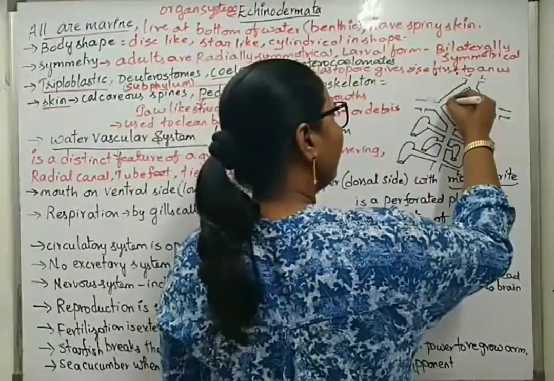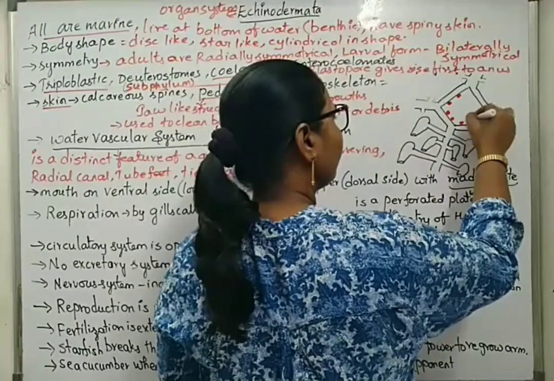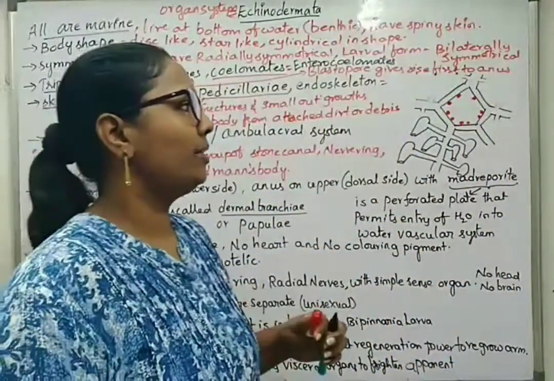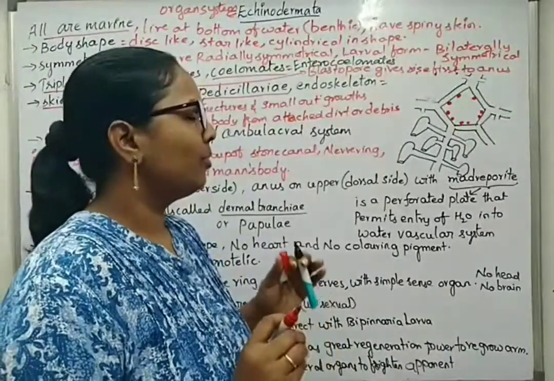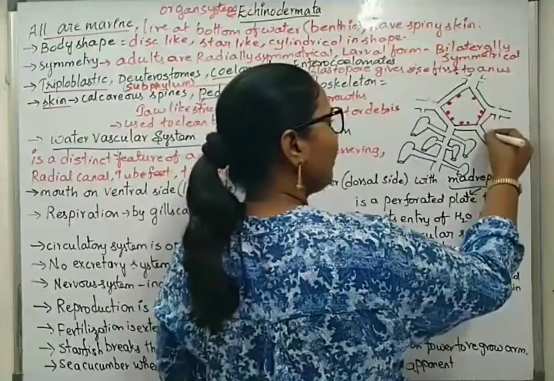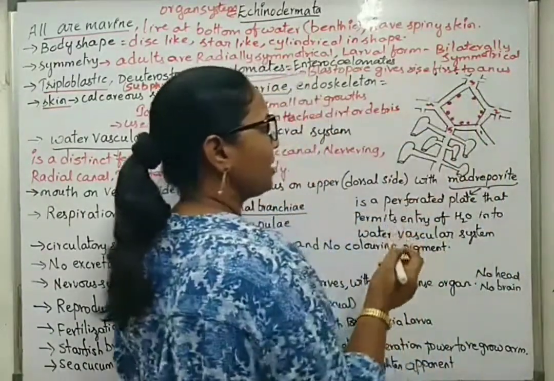There are 9 Tiedemann's bodies. And here I have drawn a representation of the water vascular system in starfish. So how many arms does it have? 1, 2, 3, 4 and 5 arms.